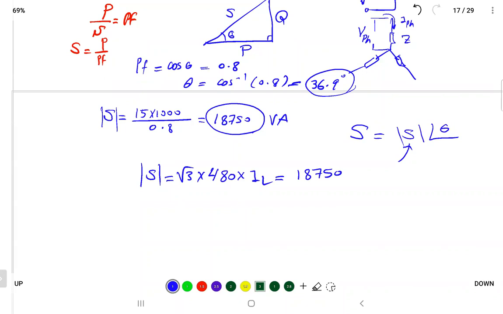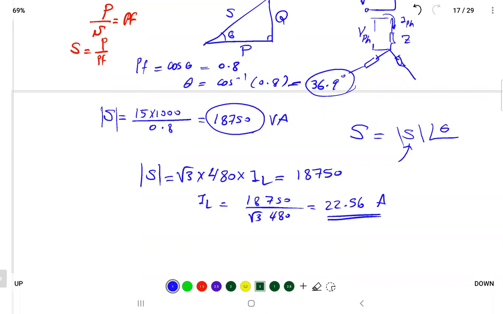From this equation, I can get the line current, right? So IL will be equal to 18,750 divided by √3 times 480. That will give 22.56, and you can check if I did it right or wrong. That's the current.